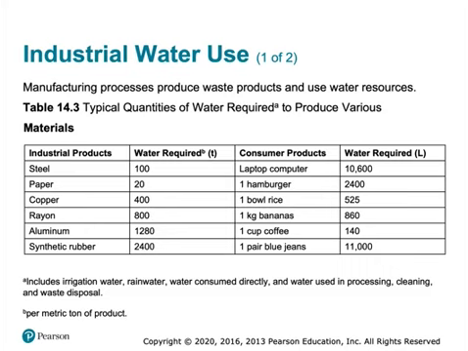And you can see many of our products require quite a bit of water to produce. If you look at this chart, you have industrial products and water required, per metric ton of product, and this includes irrigation water, rainwater consumed directly and used in processing. So this is all the water that you need to make these various things.